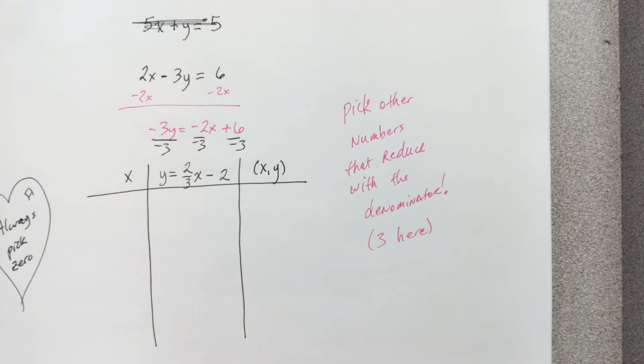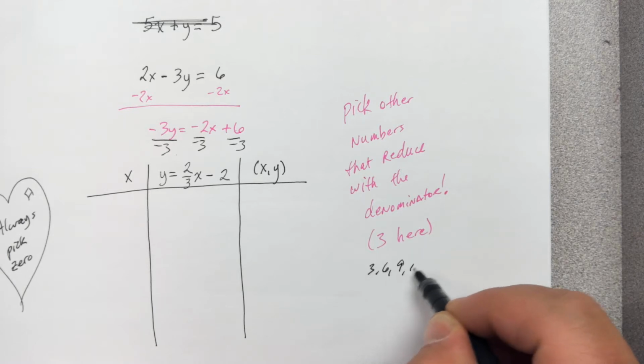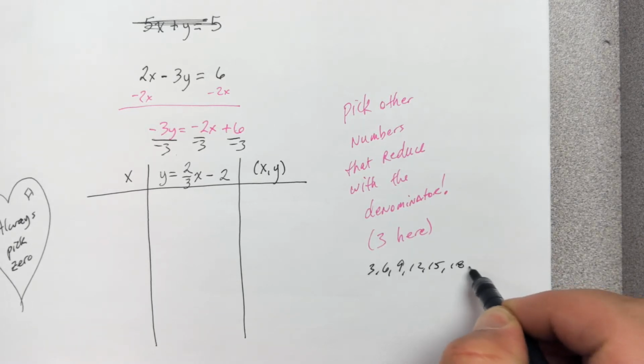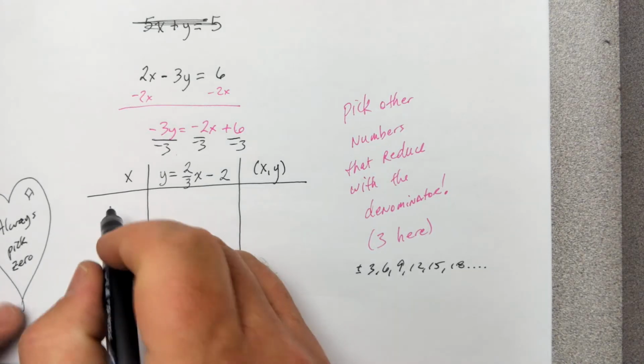And so we want to pick numbers that can be reduced with that denominator. So for us, that would be like 3, 6, 9, 12, 15, 18, and so on, plus or minus, because it doesn't matter the sign. You see why that's going to make your life easy? Which number do you want to pick? Glad you didn't say 7. Let's pick 3.